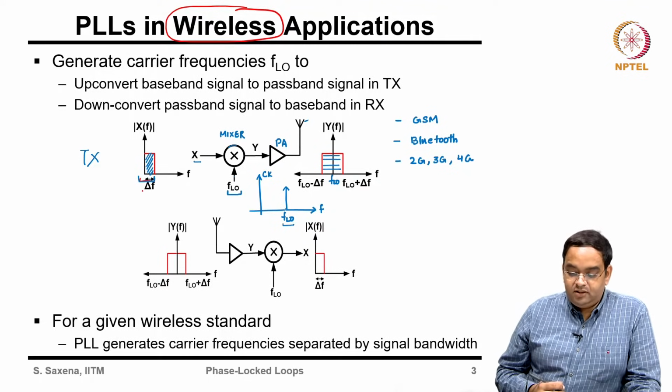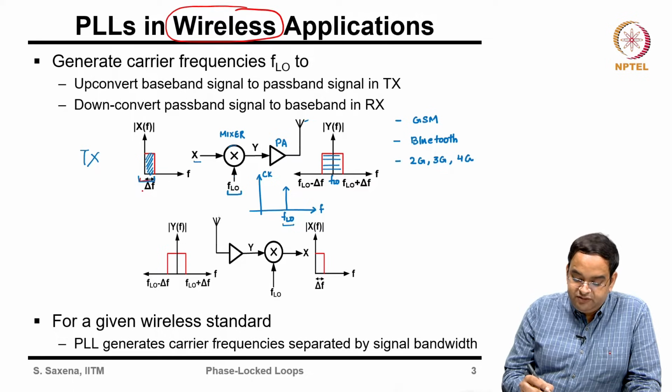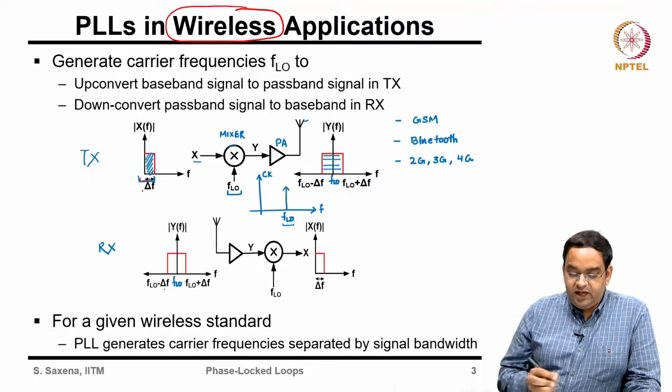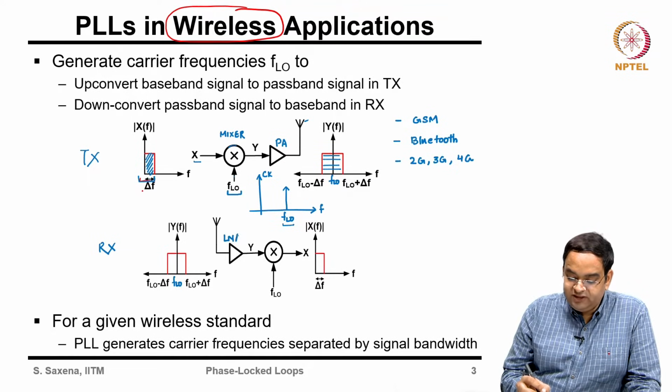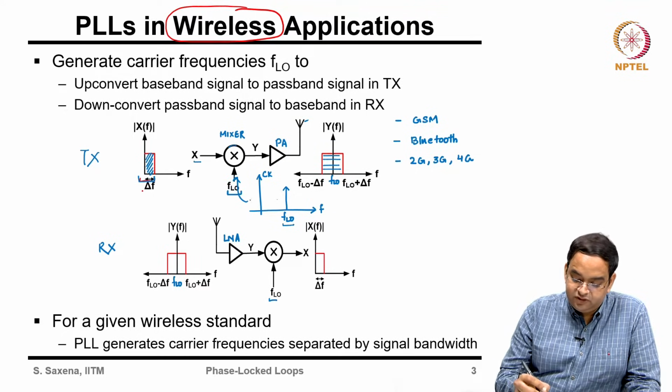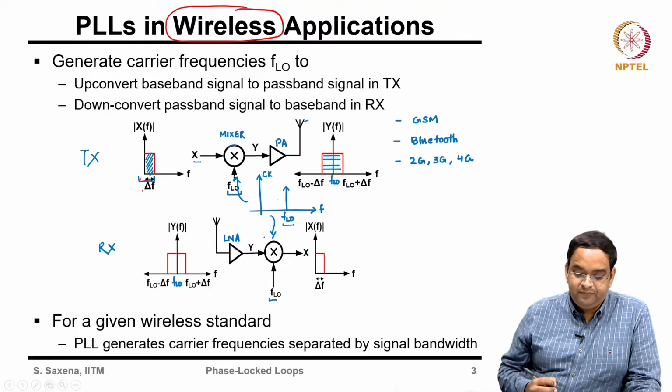On the opposite side, on the receiver side, this is your receiver. On the receiver side, you will be receiving a similar signal, okay, at your LNA, which is your low noise amplifier. You receive the signal, you multiply with the similar LO frequency. So, these two things are same.